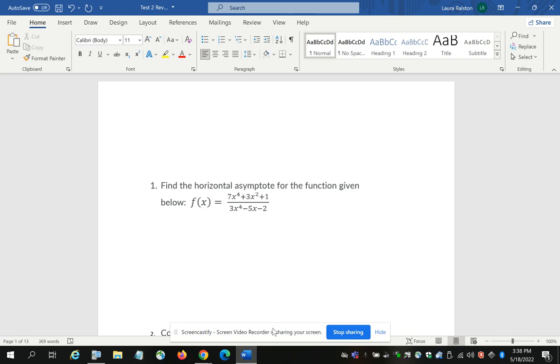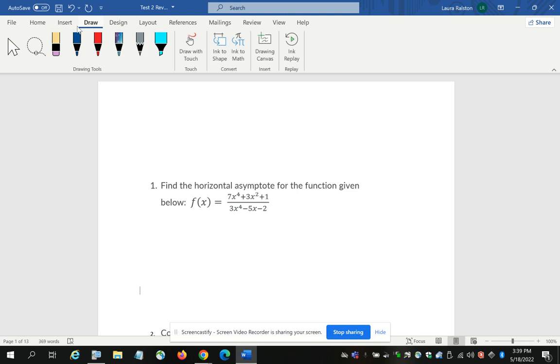Question 1 says, find the horizontal asymptote for the function given below. And you're actually given a rational function.